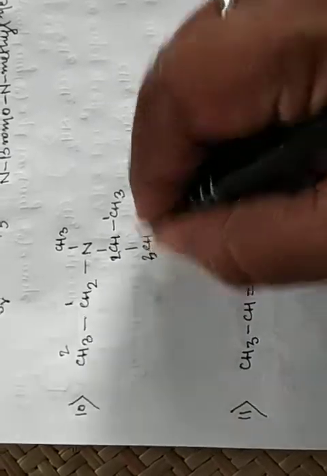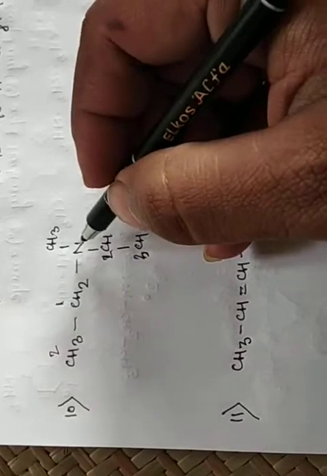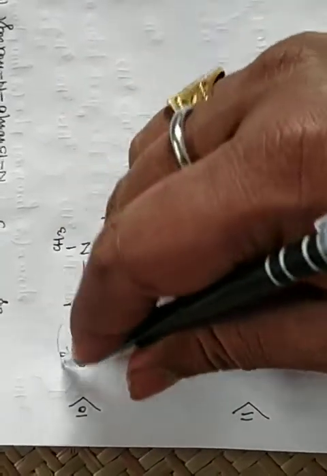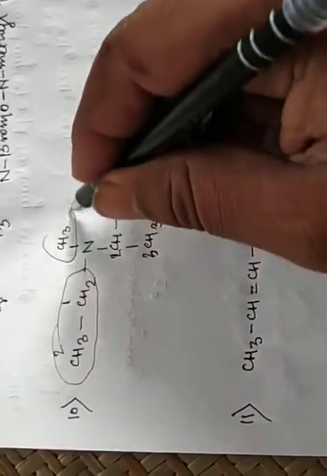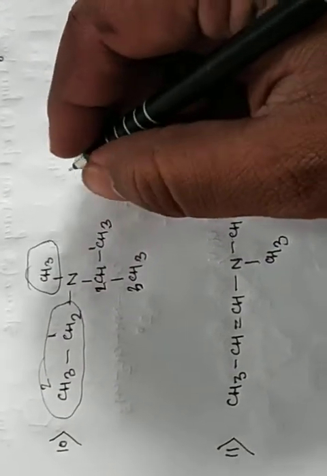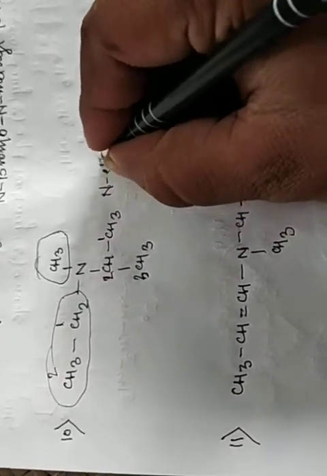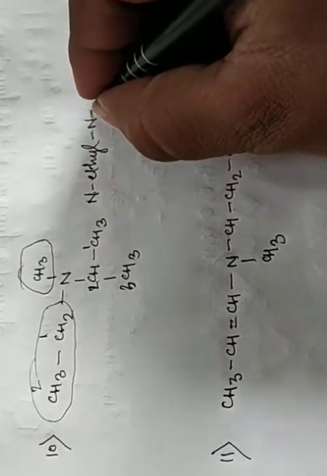Okay, this is the longest chain, this is not. So N contains what? N contains methyl and ethyl group. These are the substituents. This is a methyl and this is ethyl. So first ethyl is there, alphabetical arrangement. So N ethyl, then after N methyl.